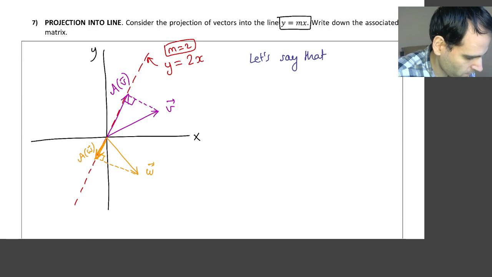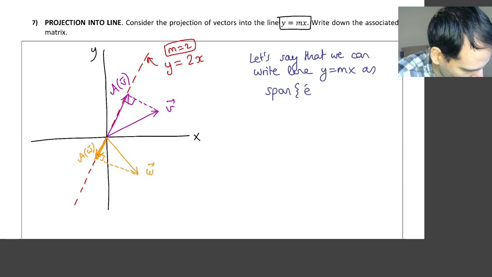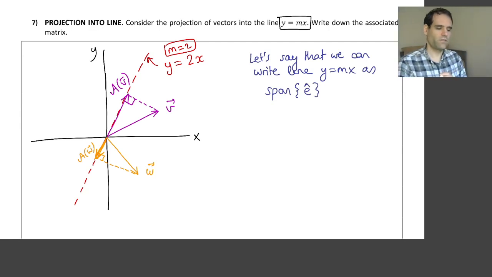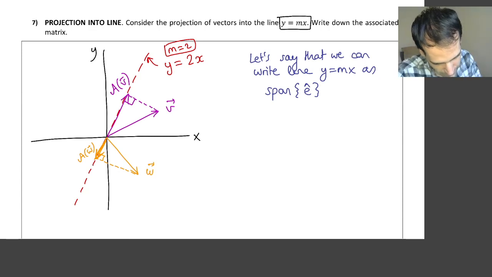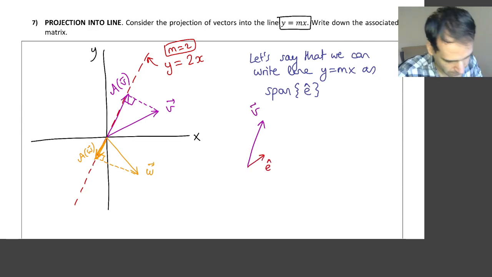So let's say that we can write our line y equals mx as the span of a unit vector e hat. Let's imagine we can find this vector e hat. How do we project a vector v into the direction of e hat?